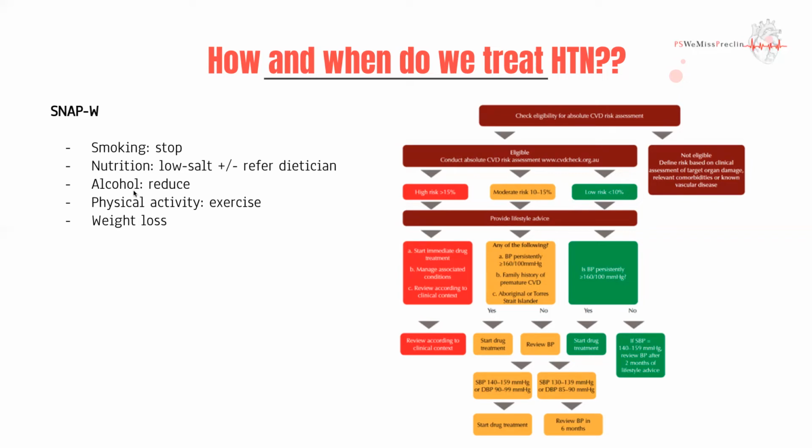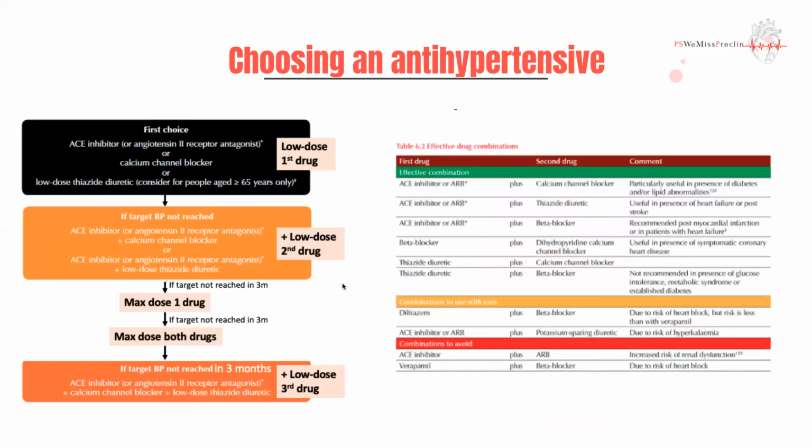Obviously, reducing alcohol consumption is ideal, and we want to keep that to less than 3 standard drinks per week, less than 3 standard drinks on any day for a man and 2 for women. In terms of physical activity, obviously promoting exercise is ideal, and weight loss as well if they are overweight or obese.